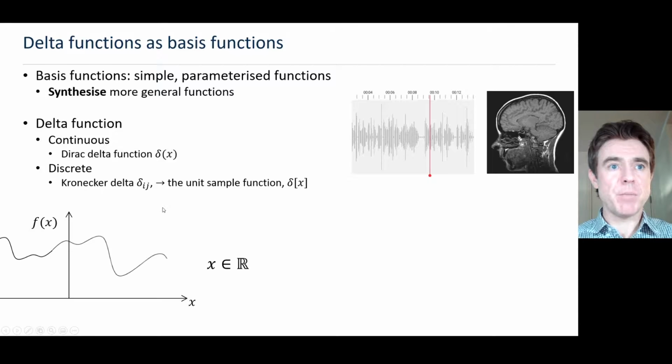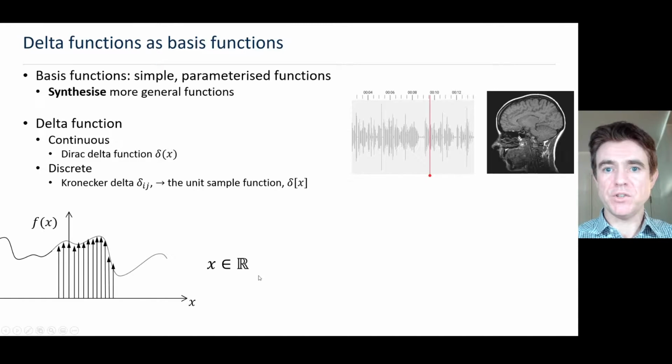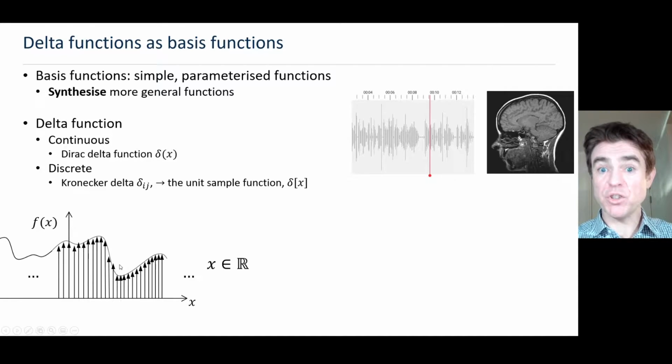So to be clear then about that, if we've got a continuous function f of x, I'm using these brackets here. I'm saying that x is an element of the real line. It's basically a real number that goes in to this function to deliver some function value f. And you can see here I've been using these kind of spike-like arrow functions here, which are the delta functions that we'll be explaining in this video, in order to synthesize this continuous function.